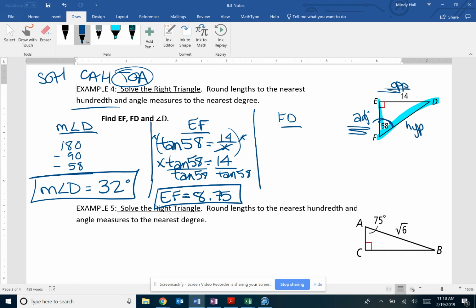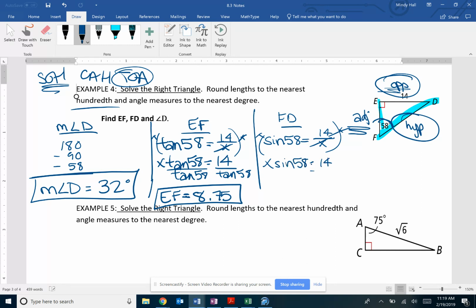Okay, and then for FD, we're still going to use our opposite, but now we're going to find our hypotenuse. So opposite and hypotenuse is sine. So sine of 58 equals opposite over hypotenuse. And you have the exact same steps. Multiply by x and divide by your trig function.